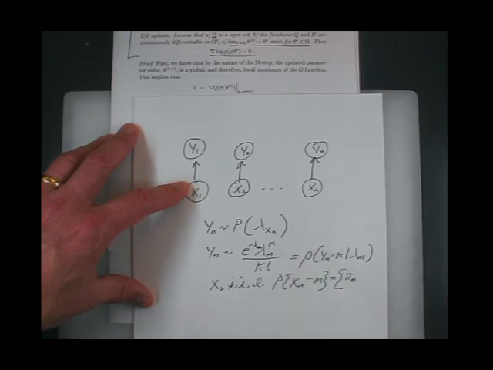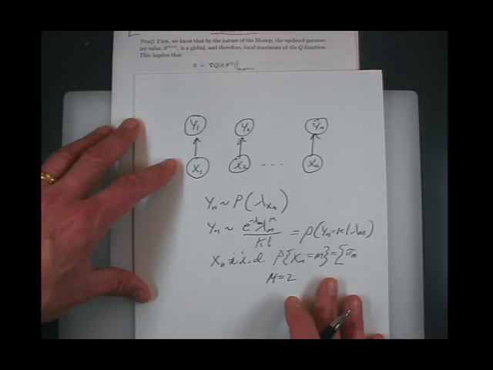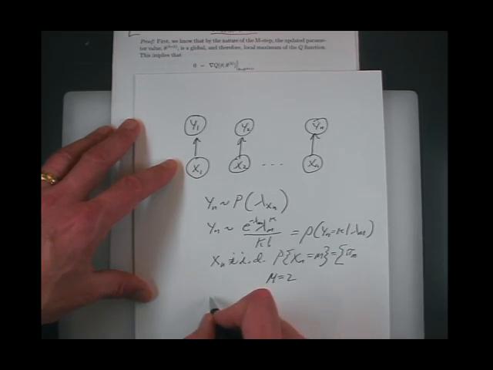Here the number of classes is 2, just to keep it simple. So now let's say all the x's are equal to 0, so they're all 0.